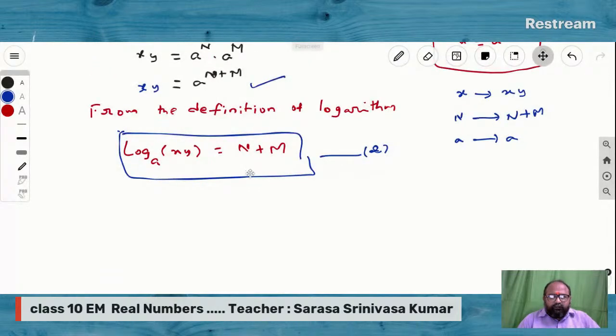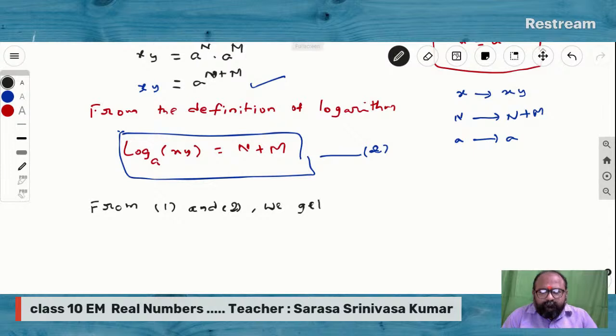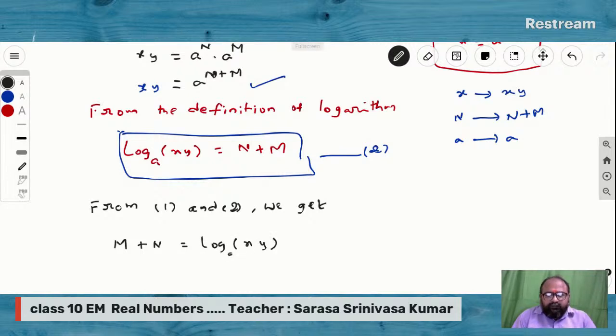So therefore, from equations 1 and 2, we get m plus n equal to log xy base a equal to log x base a plus log y base a.